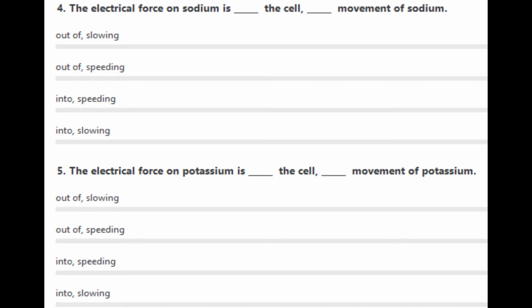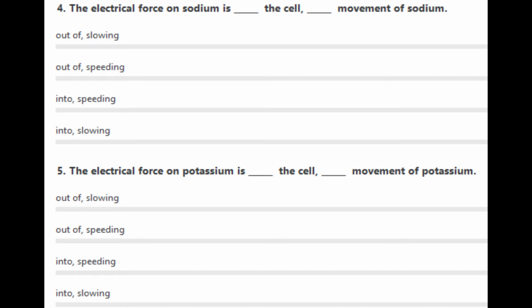Now for sodium, if we look back, we saw that the chemical driving force for sodium is into the cell. And now we've seen that the electrical force on sodium is also into the cell. And that means there's no conflict when we're looking at our electrochemical gradient.